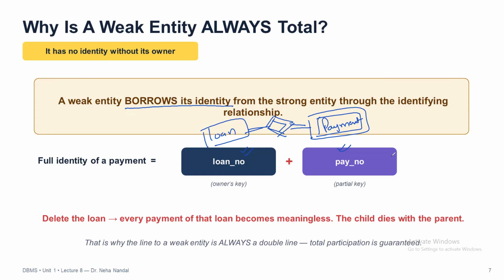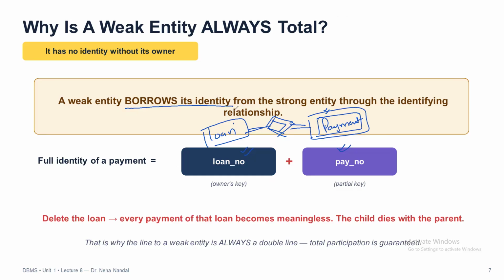Total participation is required. If you delete the loan, every payment of that loan becomes meaningless data. So it acts like a child with the parent. That's the sentence to remember.